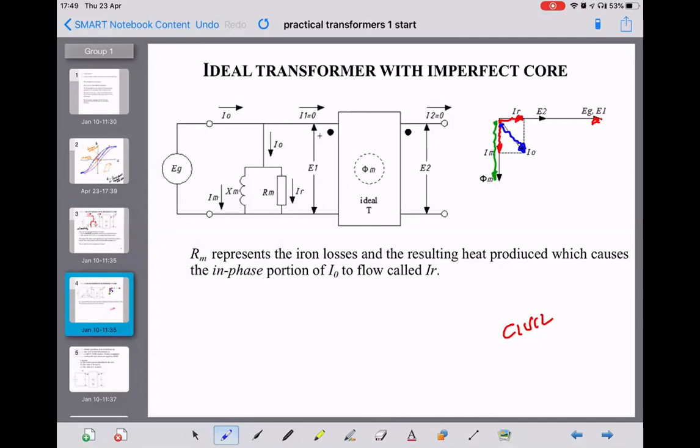But there's no current going into the ideal transformer in the middle, because there's no current being drawn from the other side of the ideal transformer on the secondary side.